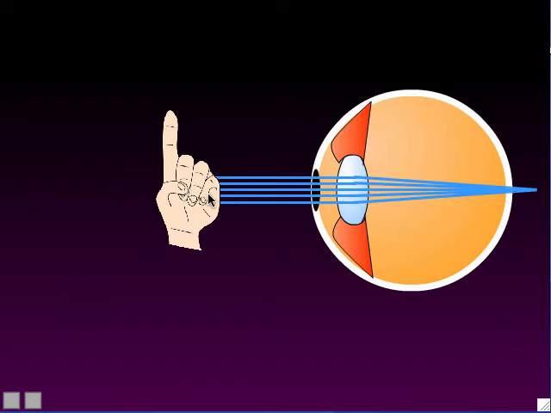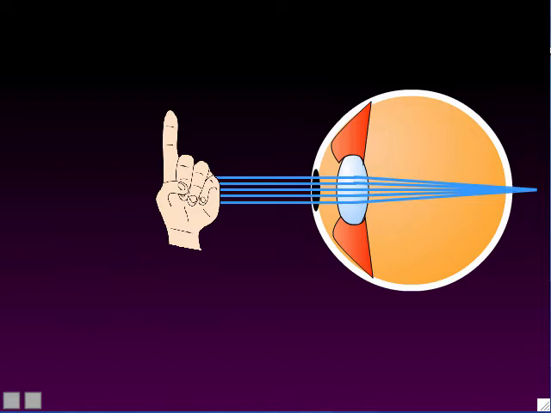So if an object gets really near your eye, close to the lens of the eye, then its focal point can end up behind the retina, like you see right there, and that's going to be out of focus, right? Because the focal point is not falling on the retina. So this near object would look blurry to the person.